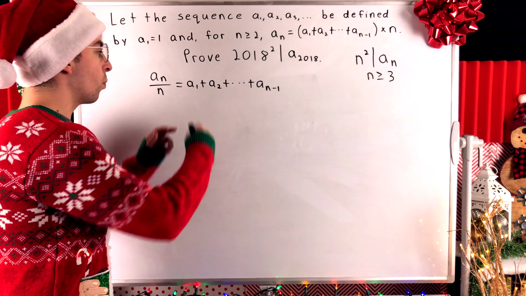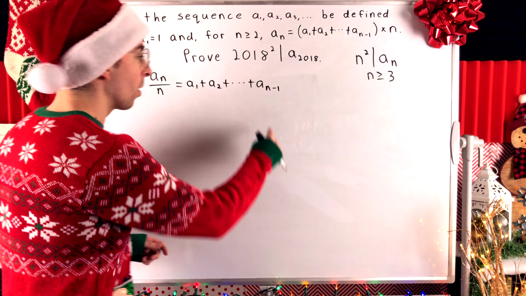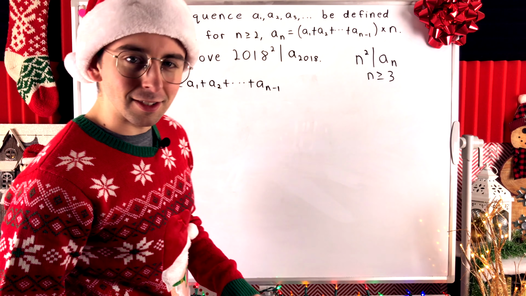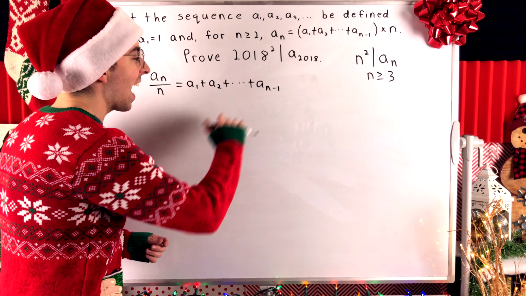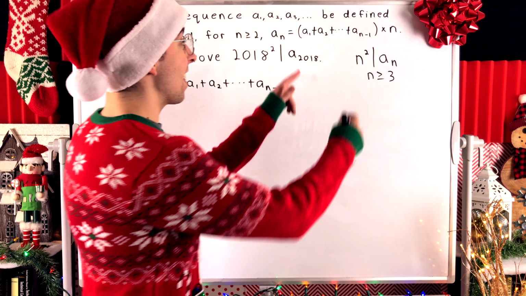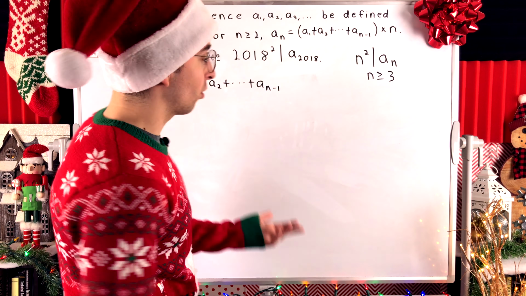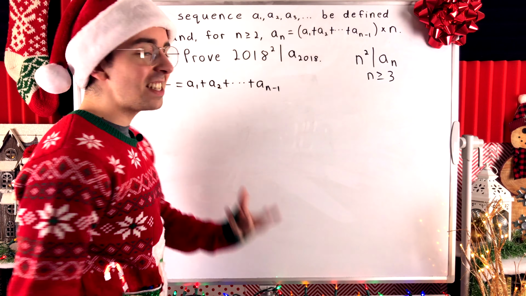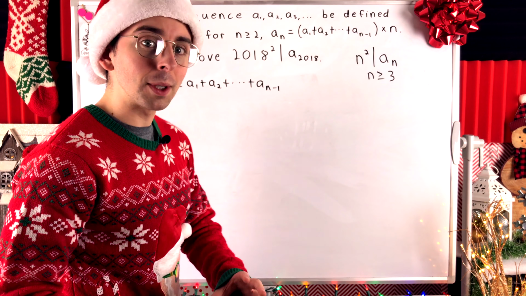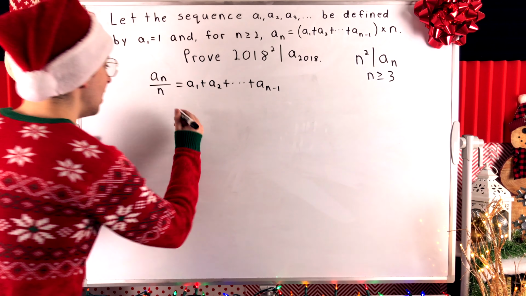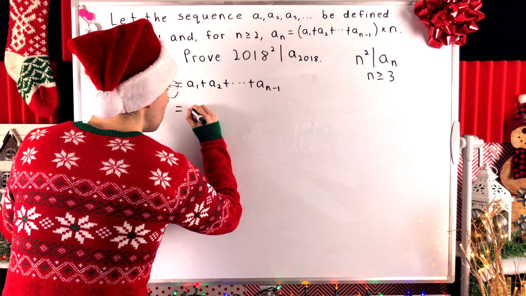Of course, a1 is just 1, so we might want to focus on the far end of this sum. And let's try replacing a_(n-1) with this, which defines it: the sum of the terms that precede a_(n-1) multiplied by n minus 1. So doing that is going to give us this.